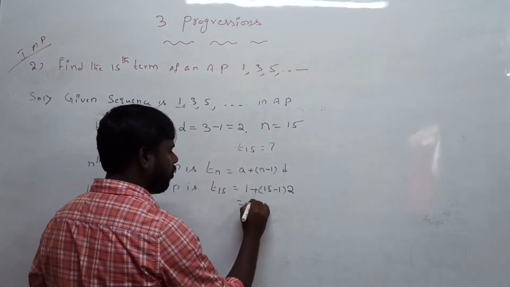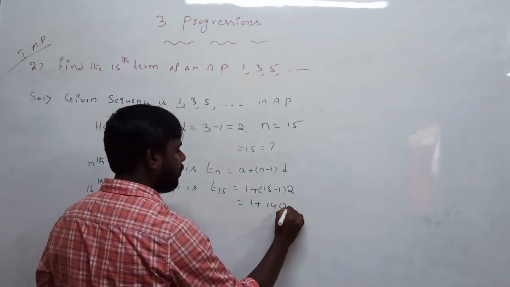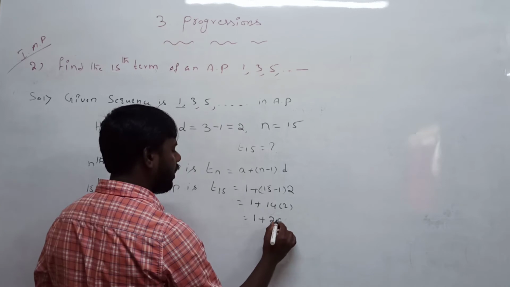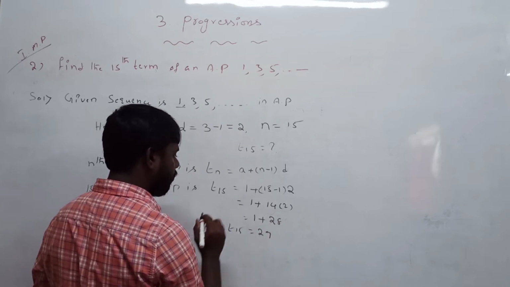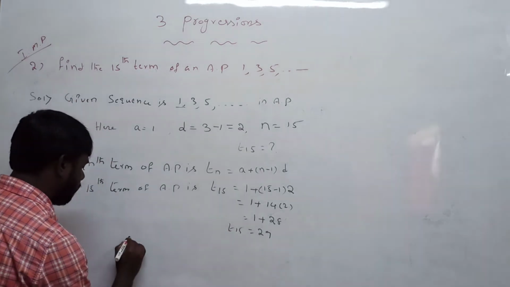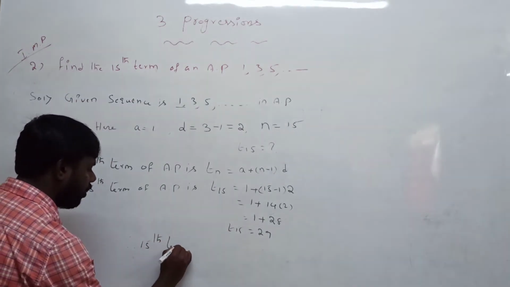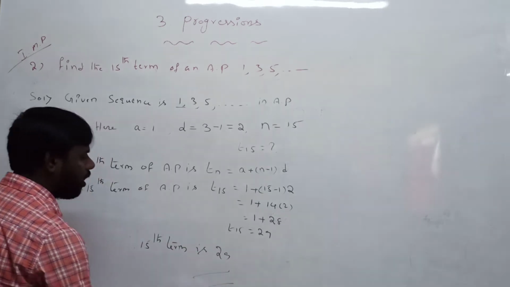Simplify the right-hand side: 1 plus 15 minus 1, which is 14, into 2. 1 plus 14 into 2 is 28. 28 plus 1 is 29. Finally, we find the 15th term. Now write the conclusion: the 15th term value is 29. This is the answer.